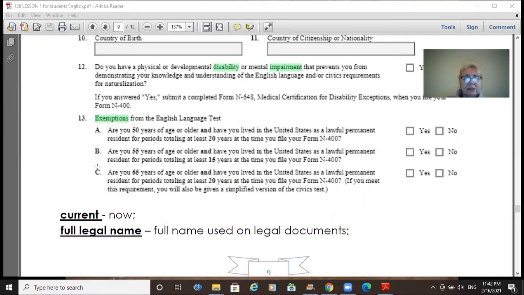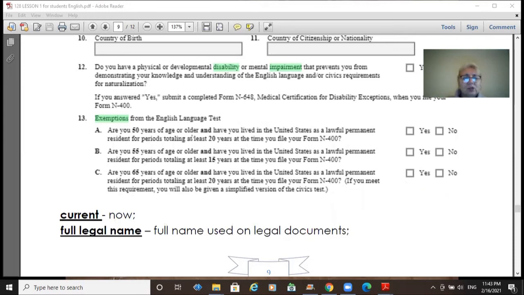And category C is for people who are 65 years of age or older and they have lived in the country for 20 years or longer. So if you belong to any one of these categories, you are going to mark yes. And that means you can actually not take the test, the English test.